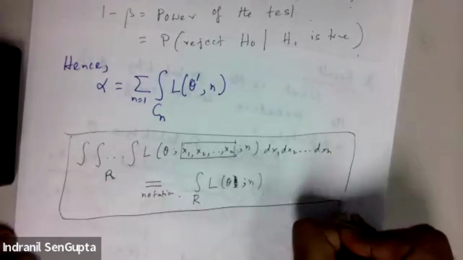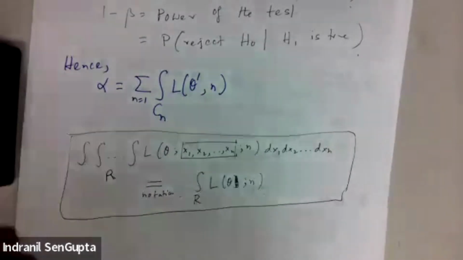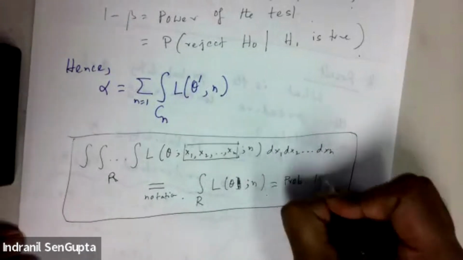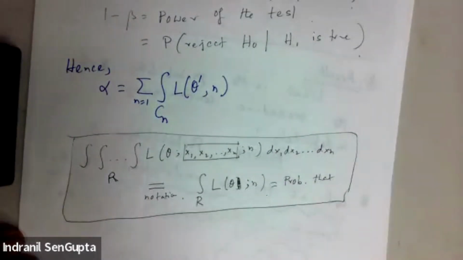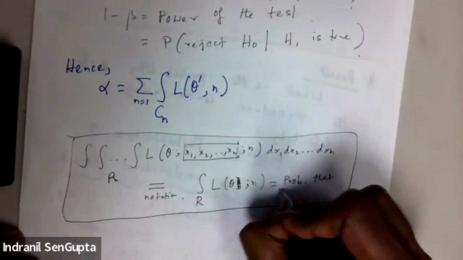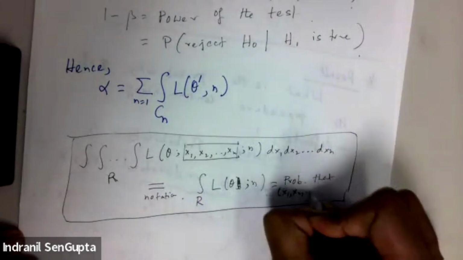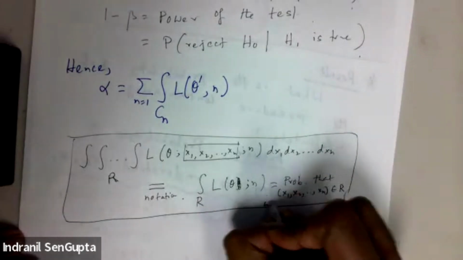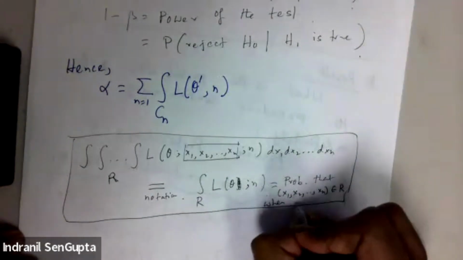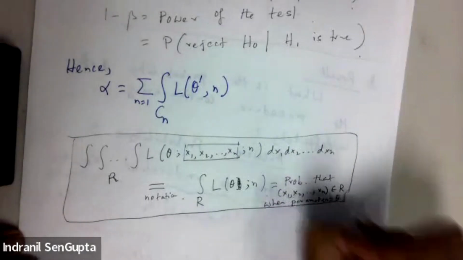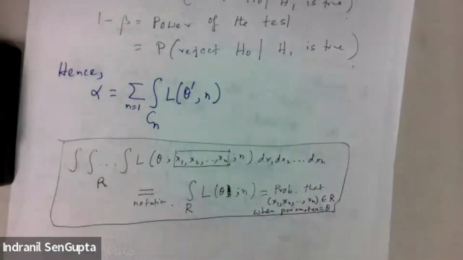What does it give me? It gives me the probability that x1, x2, xn is in R when the parameter equals theta.